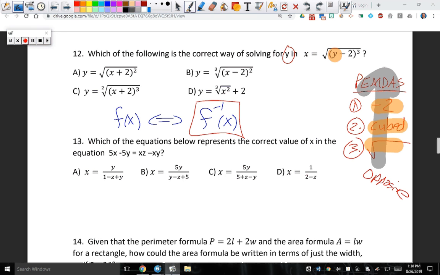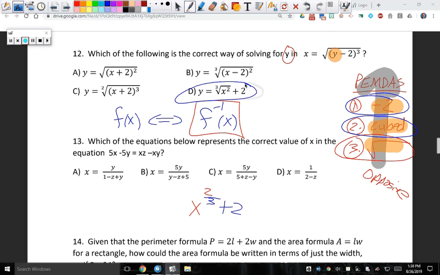So here we go. I'm going to take just an x. And the first thing that I'm going to do is what? I'm going to square it. And the second thing that I'm going to do is what? Cube root it. And the third thing that I'm going to do? Add 2. D is your answer. Okay, so inverse functions is a way to solve for the variable. Okay, let's keep going.